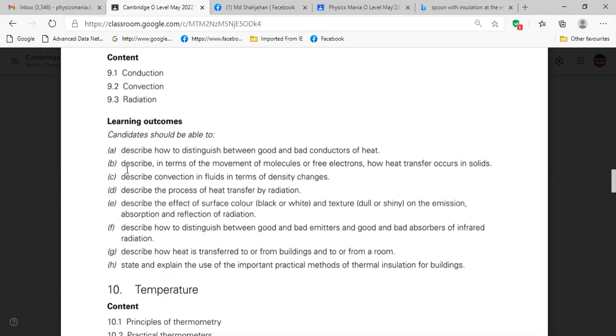And we have some conditions to transfer energy from one solid to another solid. That one is called the conduction process.